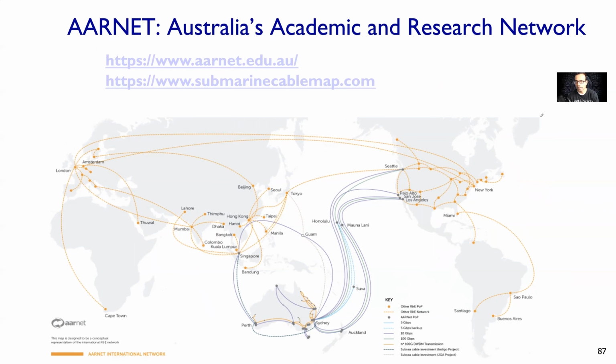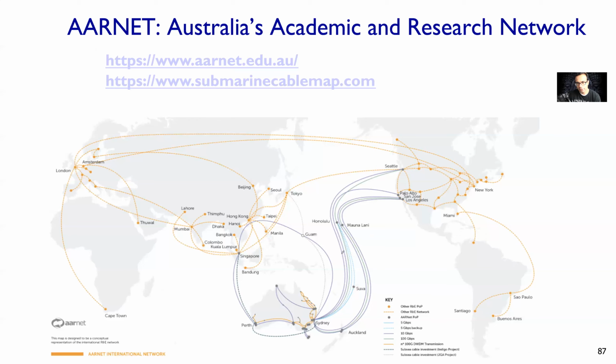And of course, then they have agreements with some of the other providers in other parts of the globe, right? So I think the yellow colors typically indicate the partner networks. So these are not actually deployed by AARNet. So that's the international network.